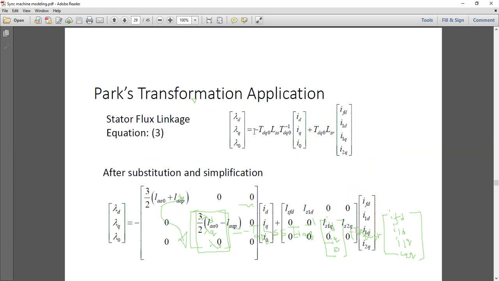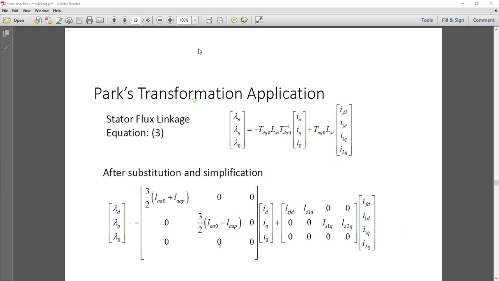Whatever I wrote earlier with this green color is repeated here. So we have lambda D, lambda Q, and lambda 0 equals minus TDQ0 LSS multiplied by the inverse of TDQ0 times ID, IQ, I0, plus TDQ0 LSR into the currents.